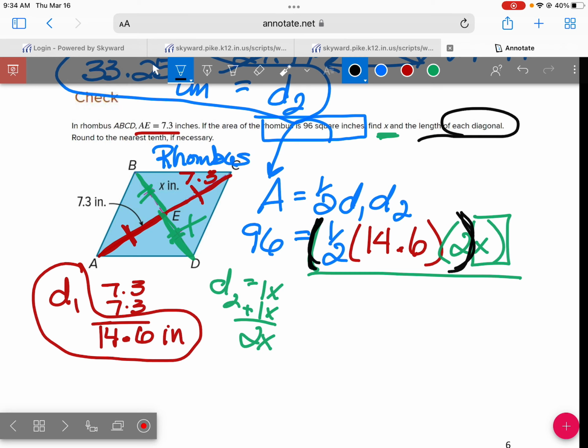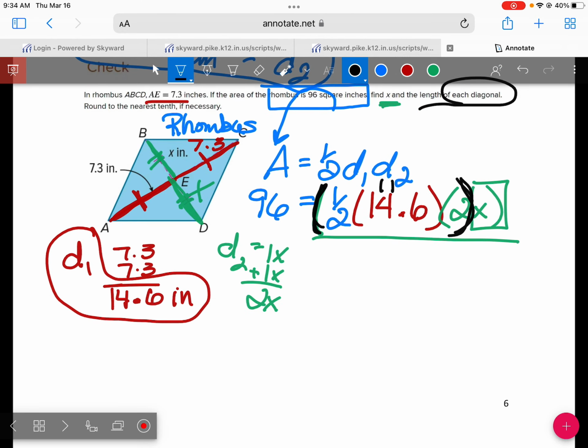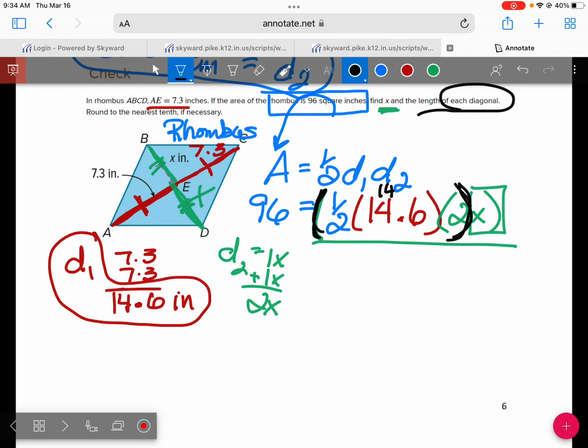Ty, you with me? It is 14.6. So I am going to divide by that number, 14.6, which means I need to divide by 14.6 on the other side.